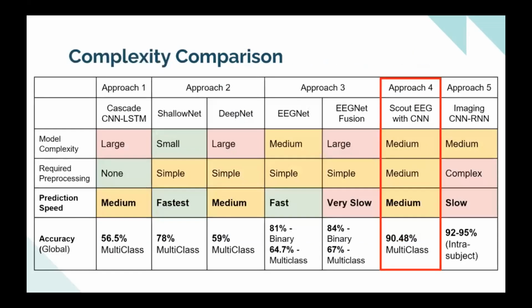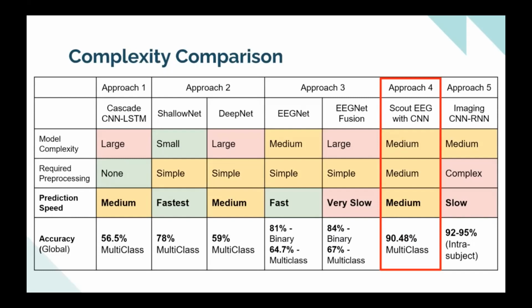To compare all our approaches, the Cascade CNN LSTM, DeepNet, and EEGNet Fusion are the largest models. Approach 1 had no pre-processing at all except for Z-normalization, while approaches 2 and 3 only used filters such as bandpass and notch filters. Approach 5 demanded heavy pre-processing.